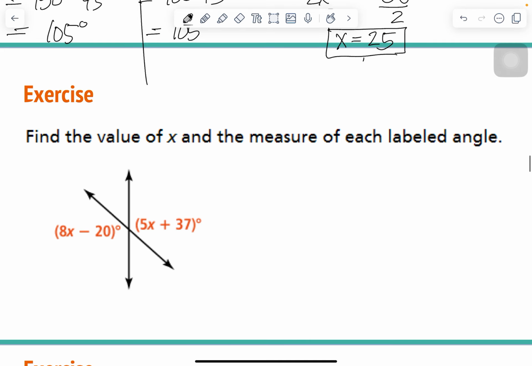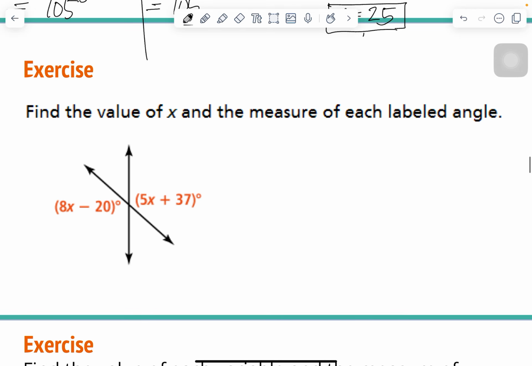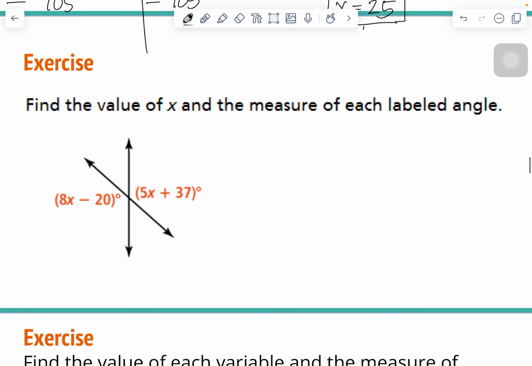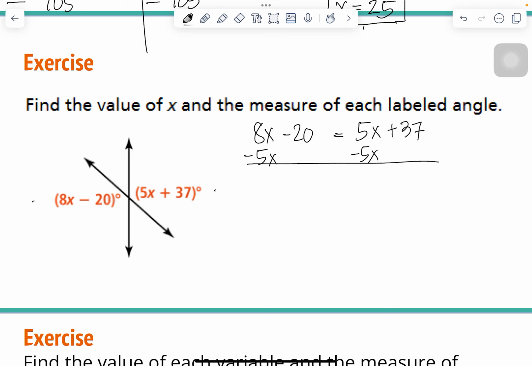Next, we have the find the value of x and the measure of each labeled angle. So the same thing, 8x minus 20, because those are vertical angles, that makes it equal 5x plus 37. Subtract both sides. So you have 8x minus 5x is 3x, bring down negative 20.